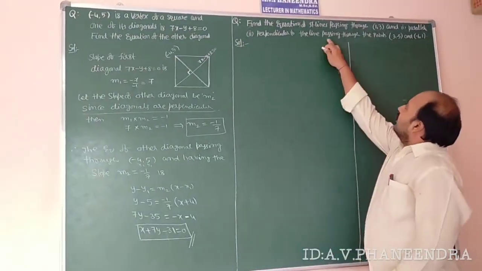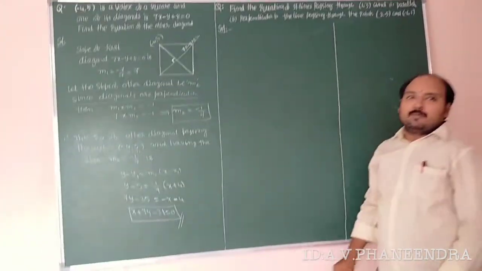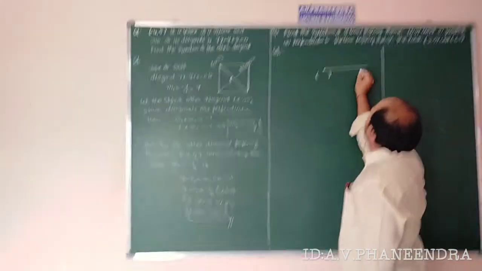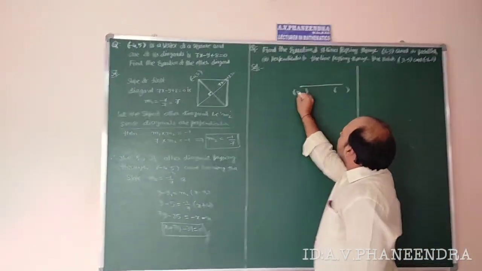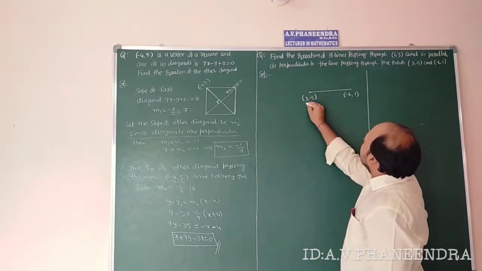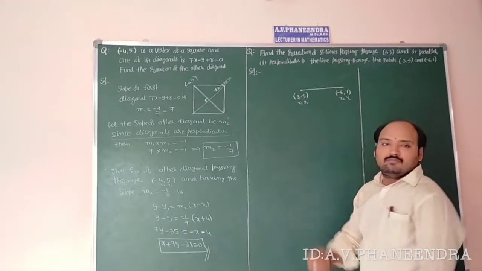See, the line passing through the points 3 comma minus 5 and minus 6 comma 1. First you have to calculate the line passing through these 2 points, 3 comma minus 5 and minus 6 comma 1. Assume this is x1 y1 and this is x2 y2.